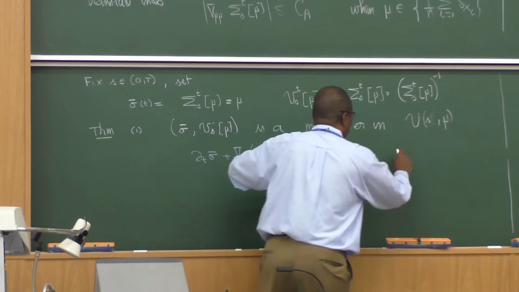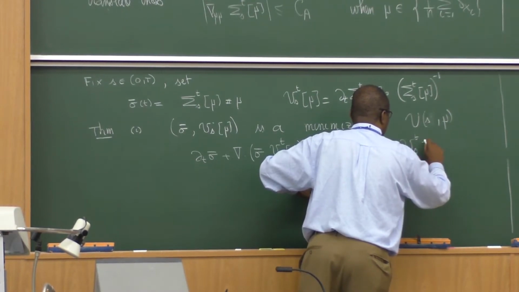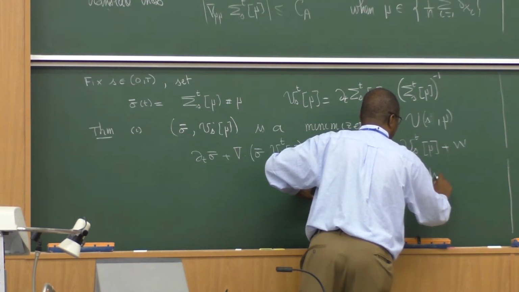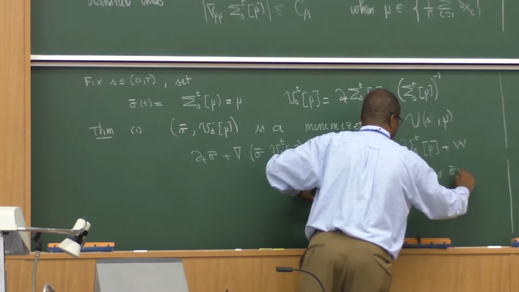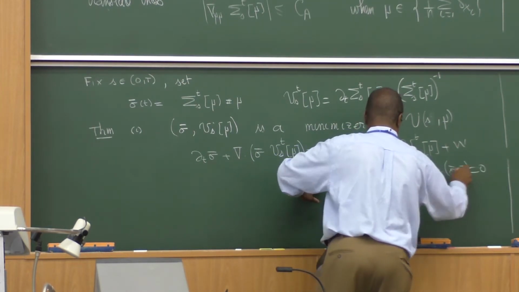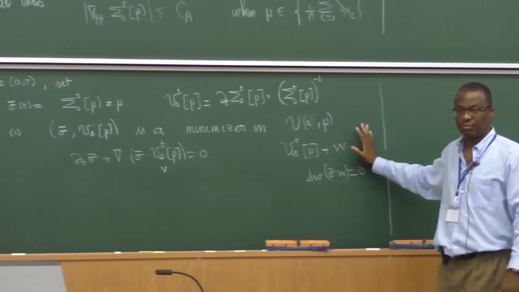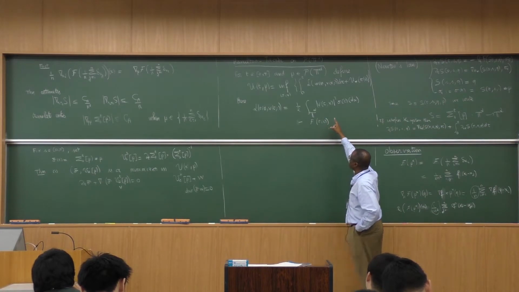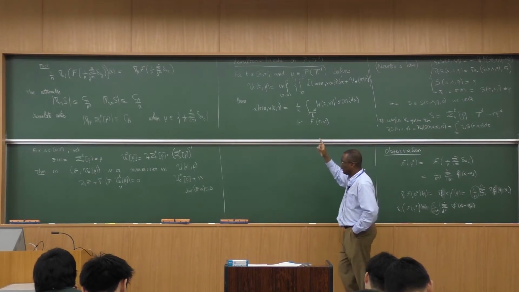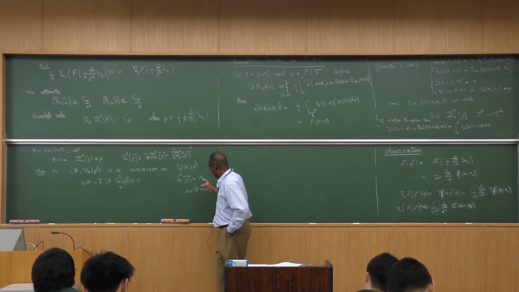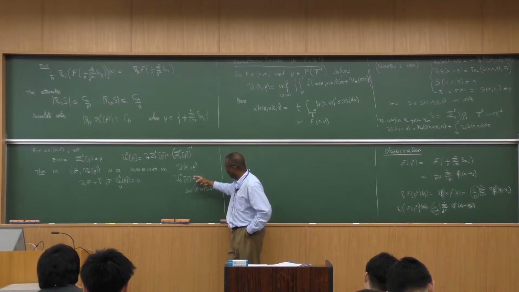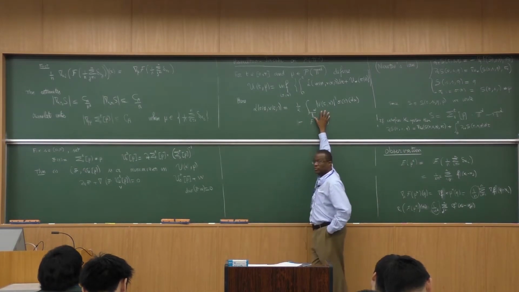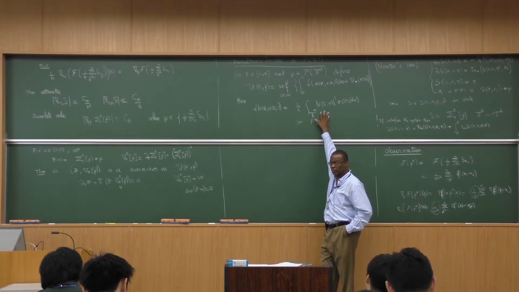So if I take a Vst mu and I add a W to it such that the divergence of sigma bar W is 0, this is another velocity which is admissible. Now, if I am minimizing this, it means that among these W, I am going to take the W which is going to give me the smallest L2 norm.